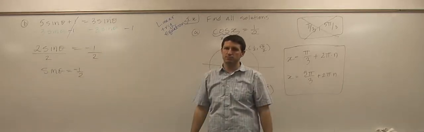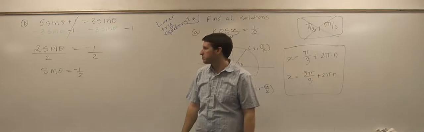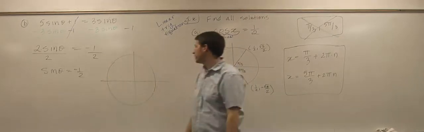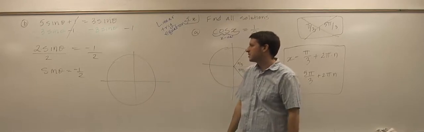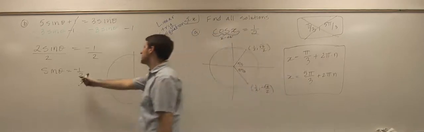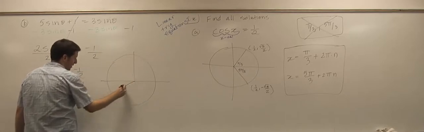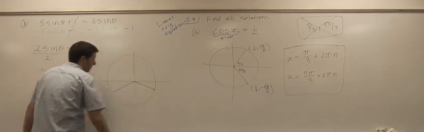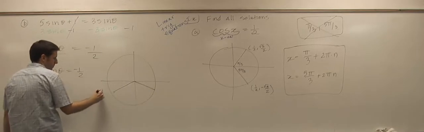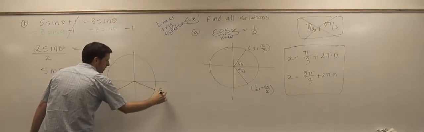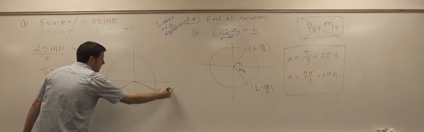Turn to your unit circle. You guys all have this memorized, or hopefully close to memorized. Sine is negative, let's see. Third and fourth, -1/2 for sine, down here and down here. So what are these angles?